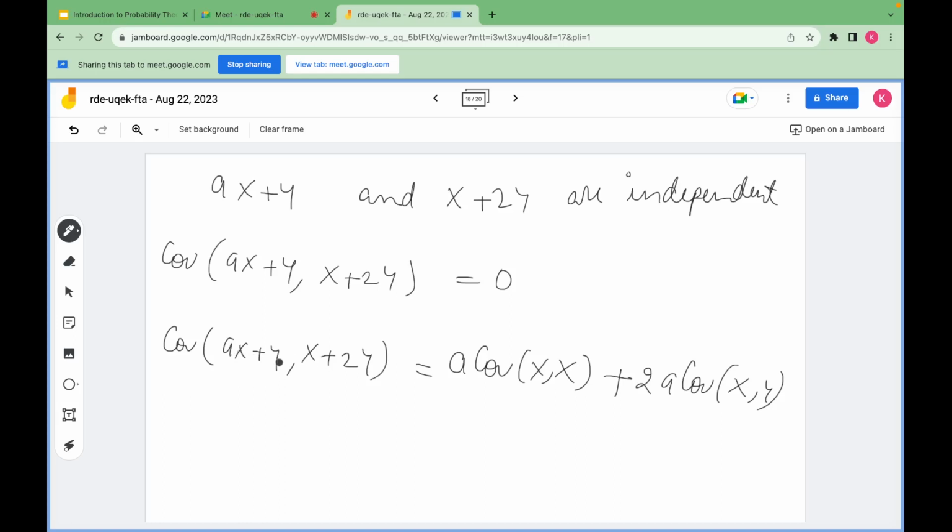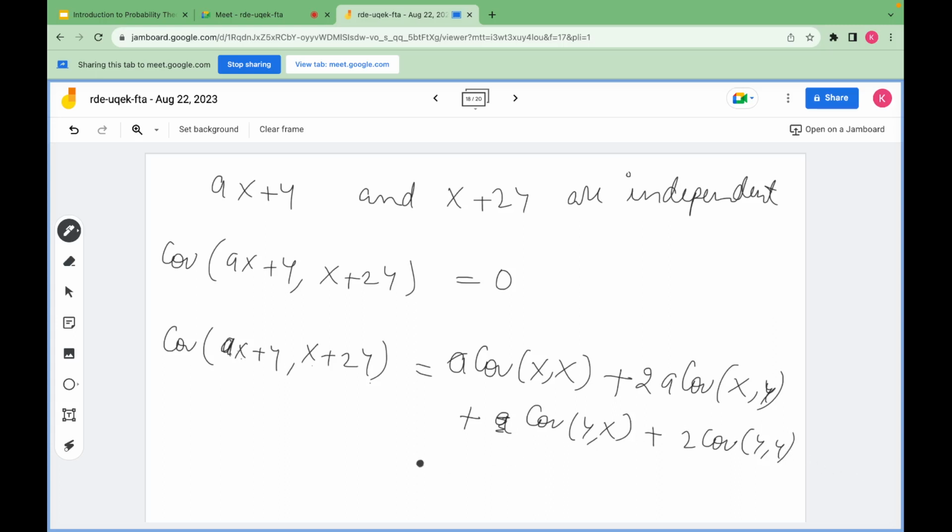A is constant, so we take it outside, and then take the covariance of x comma x. Then the covariance of ax with 2y: 2 and a are constant, so they come outside, and this is covariance of x comma y. And then additionally covariance of y comma x plus 2 into covariance of y comma y.